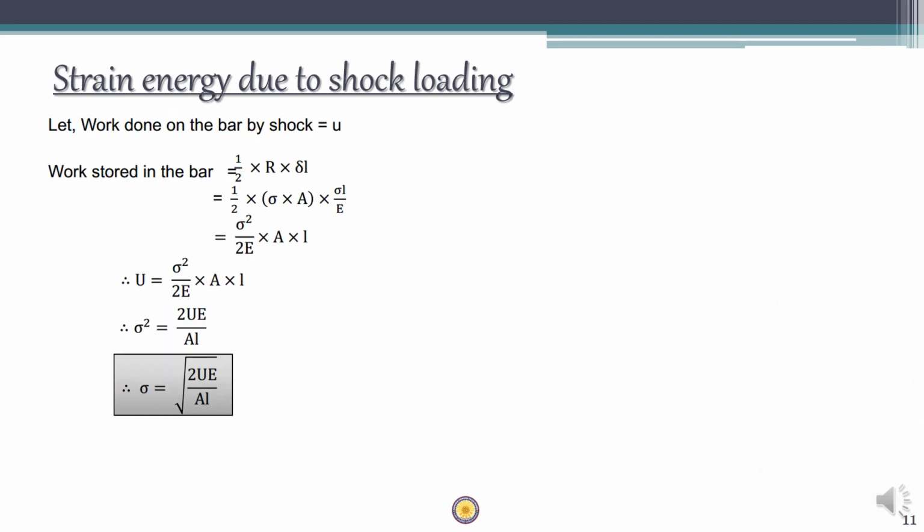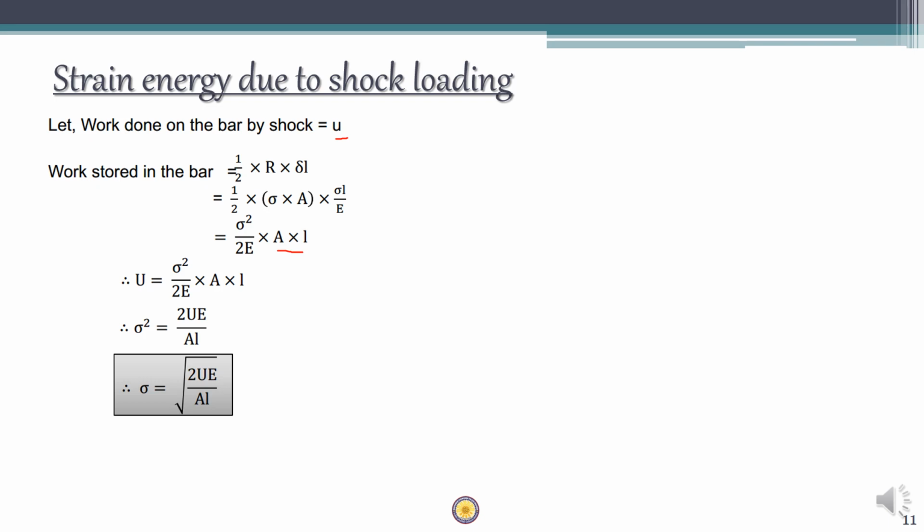Now let's see a special kind of loading, which is shock loading. Let's assume that due to some kind of shock applied, there was a work done on the bar which was equal to U. So let's assume that shock is U. Due to this there will be some deformation occurring in the bar, and there will be some resistance offered, because of which there will be some strain energy stored in the bar, which will be equal to half into R into delta L, which again will be equated to sigma square by 2E multiplied by volume, which is A into L. Now we can equate work stored equal to work done.